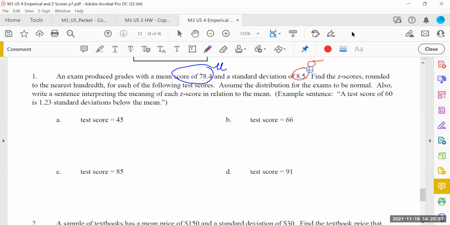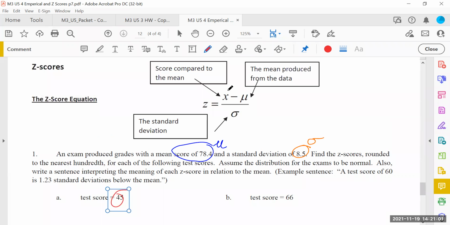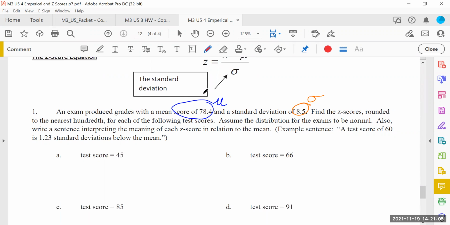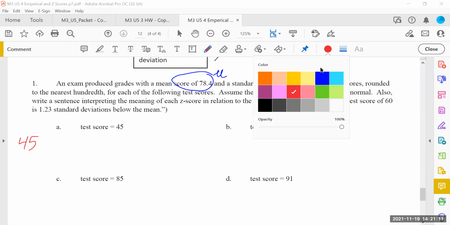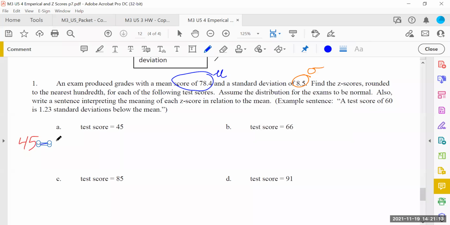So if the test score here is 45, I'm going to plug that in right here. The actual value is 45. And I'm going to subtract the average, so minus 78.4. X is the test score. We're finding Z.